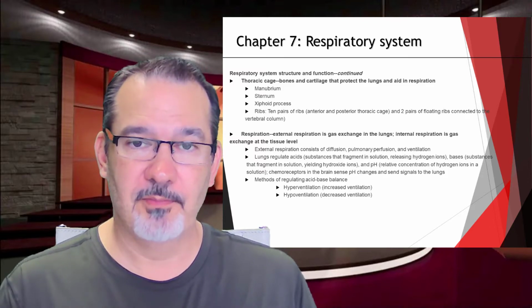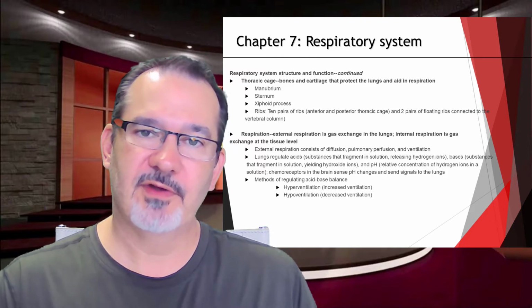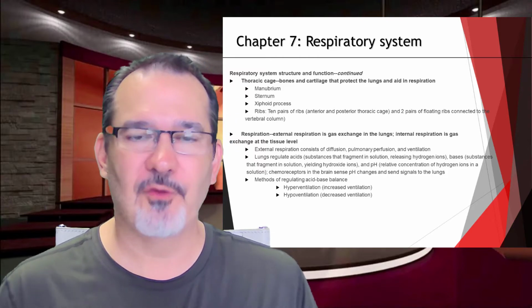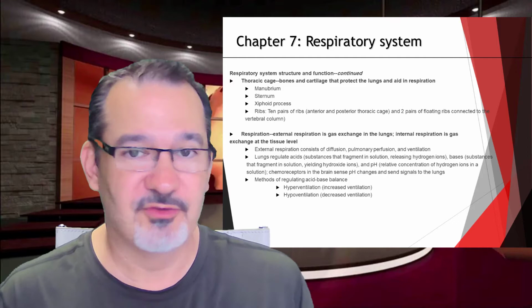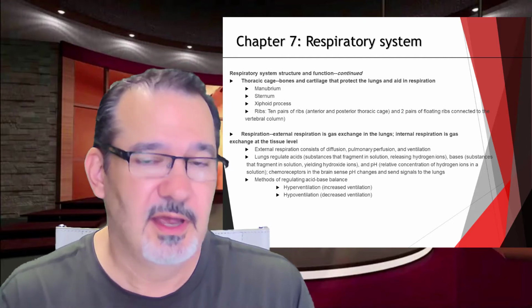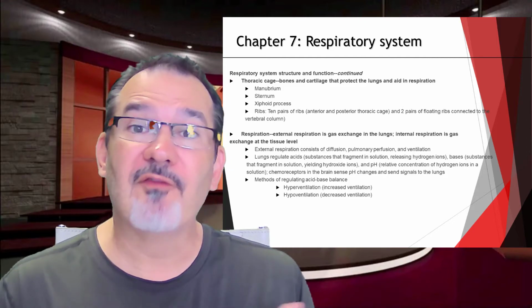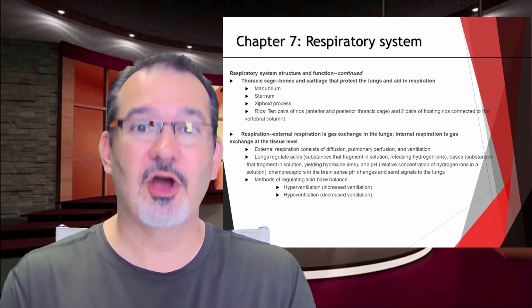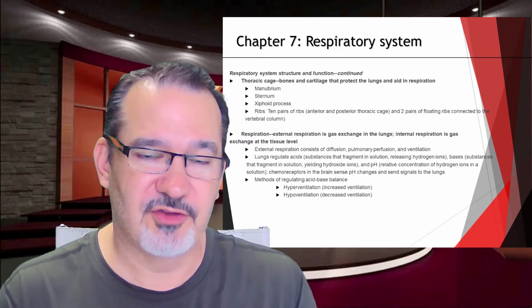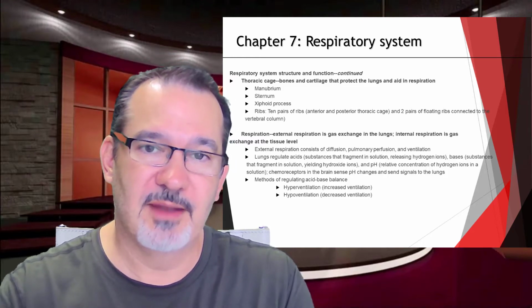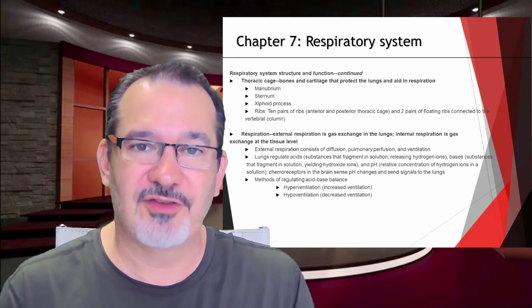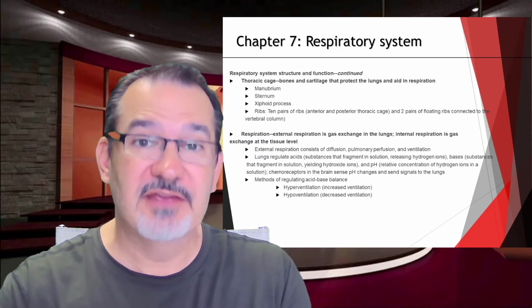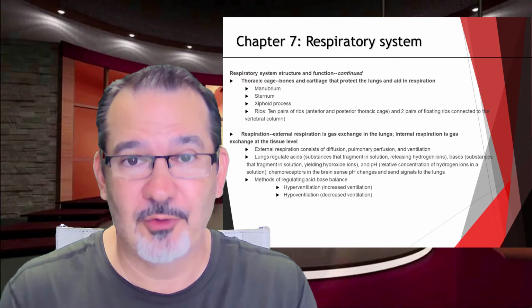Then you have the body of the sternum, and at the very bottom of the sternum is the xiphoid process. Sometimes we call it the xiphoid tip. This is often referenced when we're talking about CPR, cardiopulmonary resuscitation, because you can break that xiphoid process off pretty easily if you're not doing chest compressions adequately.